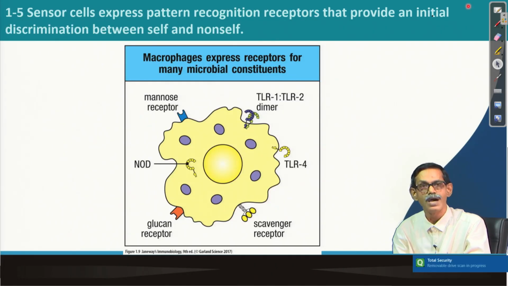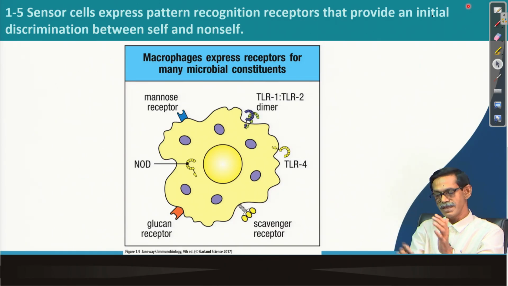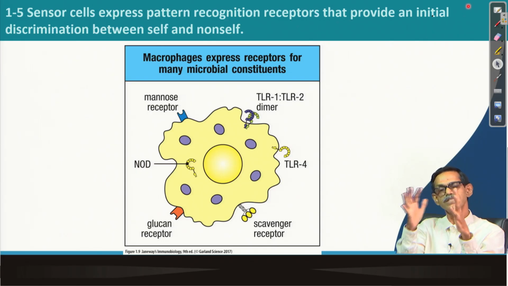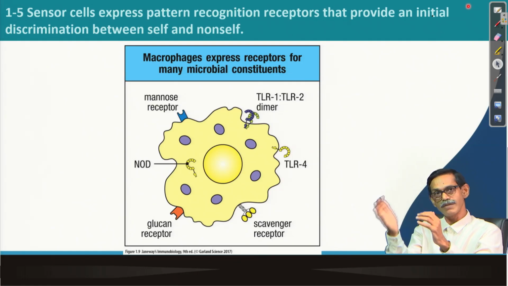So, now how do these sensor cells, like macrophages and dendritic cells, recognize what is foreign? They have pattern recognition receptors. Normally, if you look at our system, all cells have a lot of receptors on their surface, because cells need a lot of communication, from cell to cell or from the environment to the cell.